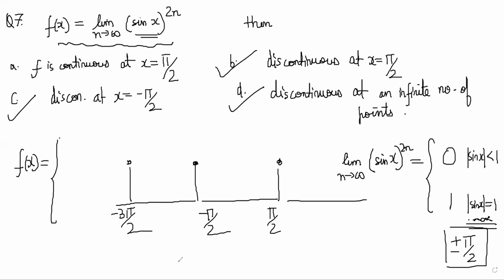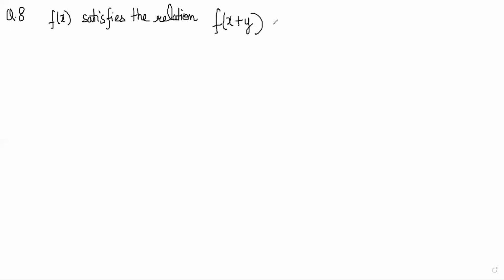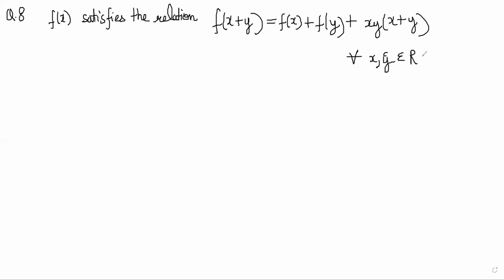Okay. Then the next one is question 8. Function f(x) satisfies the relation f of x plus y is equal to f of x plus f of y plus xy into x plus y, for all x, y belonging to real.